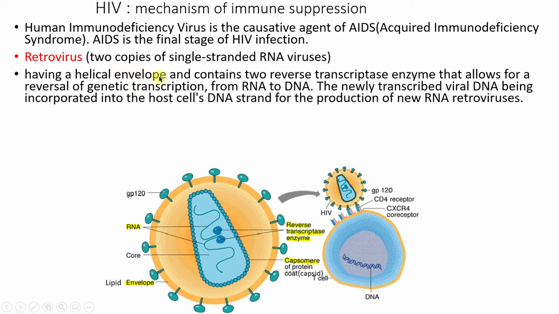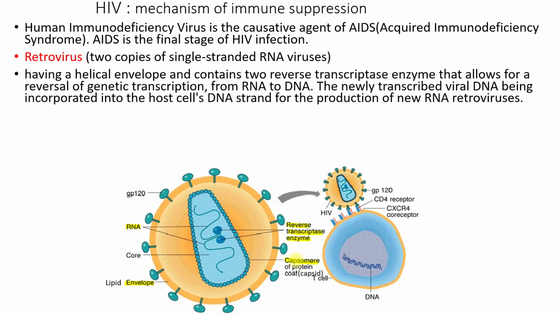All right, having a helical capsid and containing 2 reverse transcriptase enzymes that allow for a reversal of genetic transcription from RNA to DNA. So meaning to say, this reverse transcriptase enzyme will cause the transcription of DNA from the viral RNA. This viral RNA enters your host cell, and the reverse transcriptase enzyme will cause the transcription of a viral DNA.